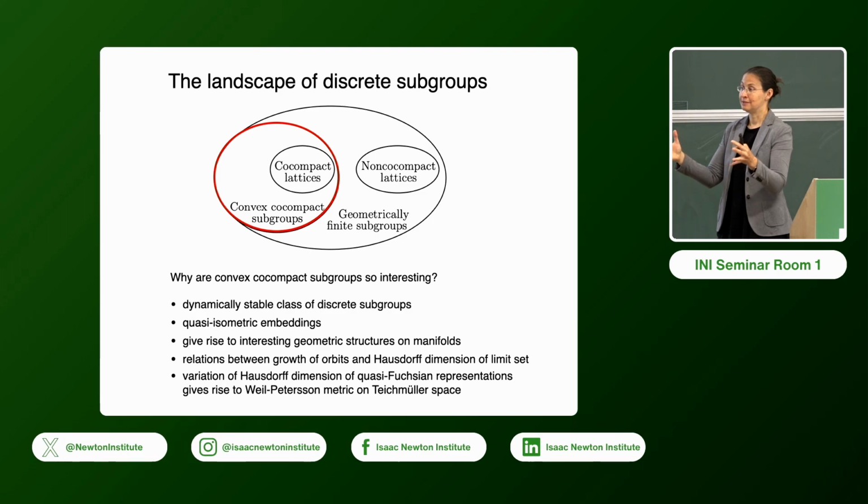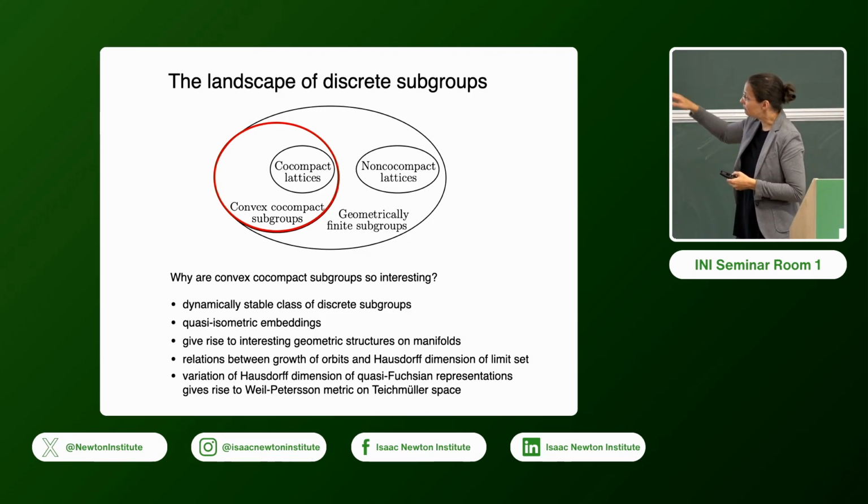So in some sense, between counting the asymptotic growth inside of the space and its behavior at infinity. I won't go into detail at all, but for example, for quasi-Fuchsian representations, variation of the Hausdorff dimension also gives you back a nice realization of the Weil-Petersson metric, a Riemannian metric on Teichmüller space.